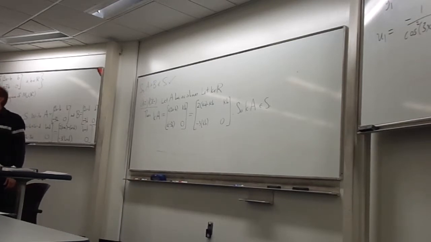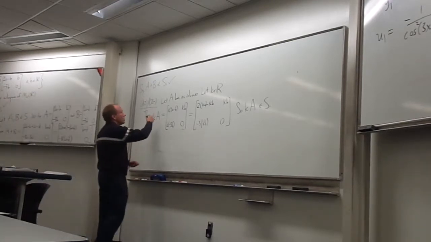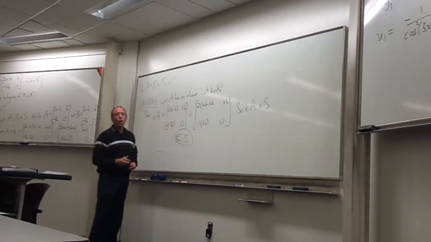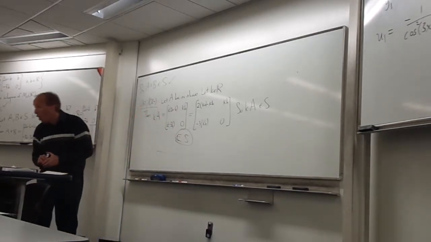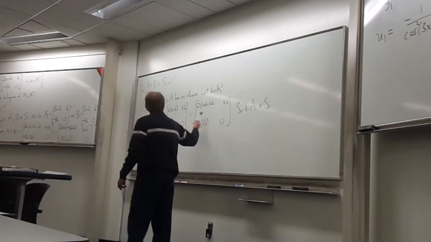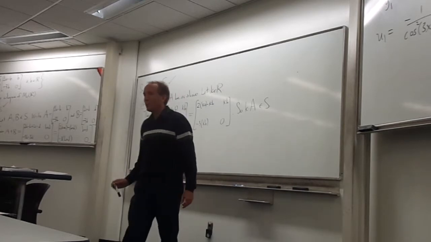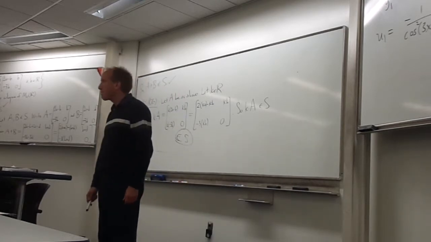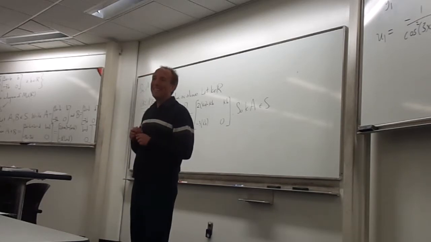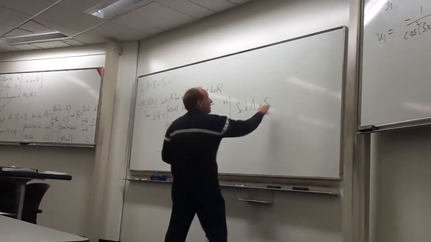I'm not saying I would not give you credit if you just put element of S here. It's hard for me to say you were wrong, as it really is true. But it's just better for showing me the details that you do that extra step. Okay? When in doubt, always over-explain. Better than under-explaining.